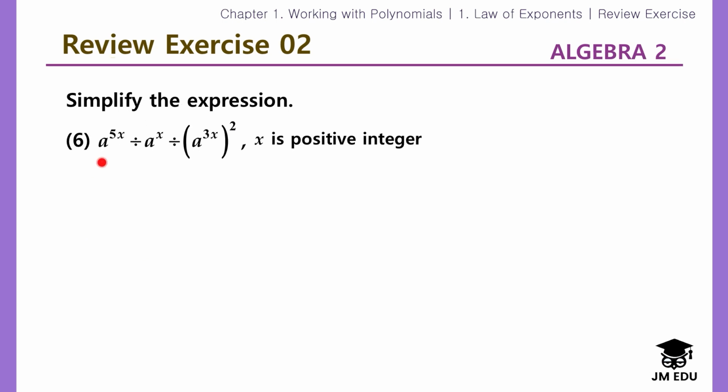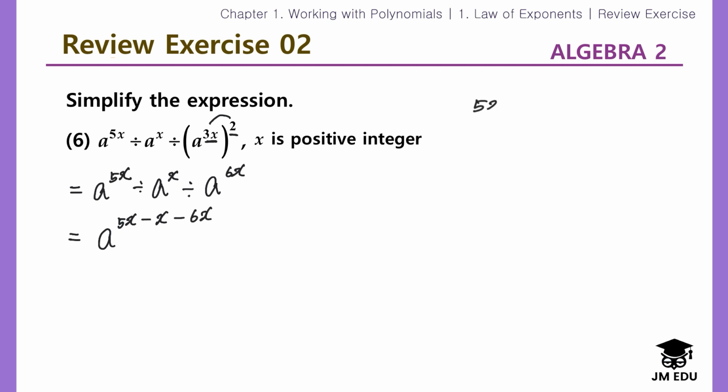Number 6, we have this expression right here, and it says x is a positive integer. So let's simplify this. Number 6 is equal to a to the power of 5x divided by a to the power of x divided by, here, 3x times 2, that's 6x, right? So a to the power of 6x. So we have three terms and they're all base a. So a to the 5x, division minus x, another division minus 6x.